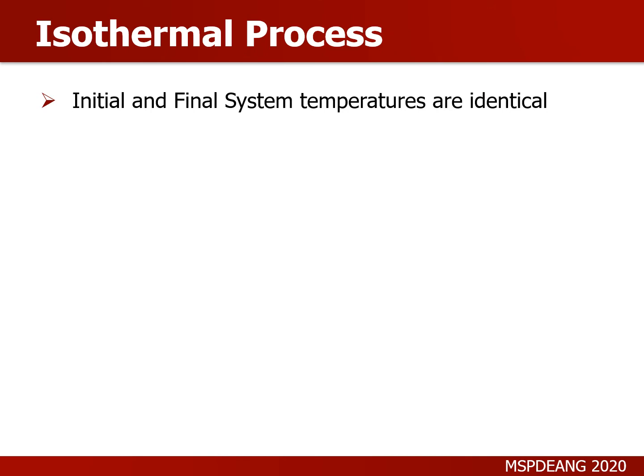Okay, next up is an isothermal process. For an isothermal process, the initial and final system temperatures are identical. From our energy balance equation, dU is equal to dQ plus dW, we know that dU is a function of temperature only, such that dU is equal to Cv dT.